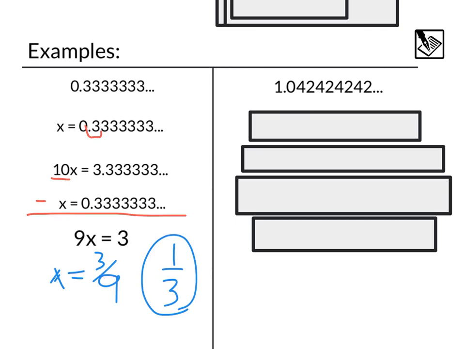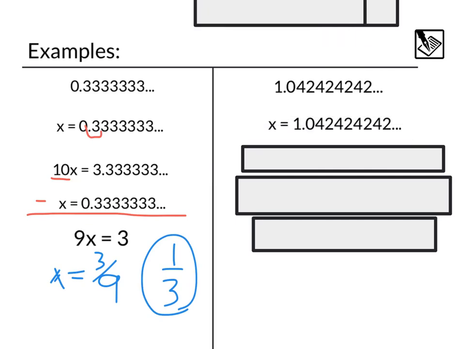Let's try it out with one other example up here. We've got 1.0424242. Our repeating part is that 424242. So we'll keep an eye on that. First, we'll set x equal to the number. Then we want to move that decimal point until the repeating pattern gets in front. So that would be 1, 2, 3 spaces because the repeating pattern is 42.